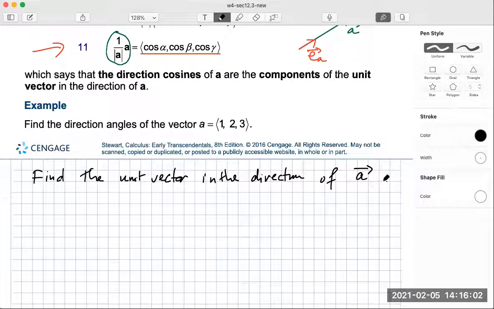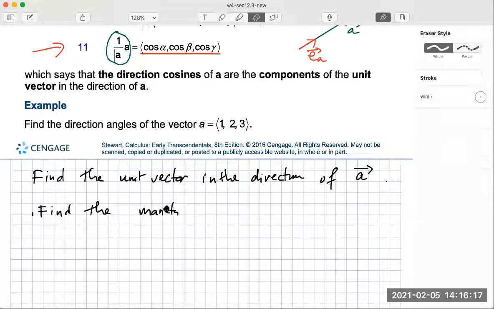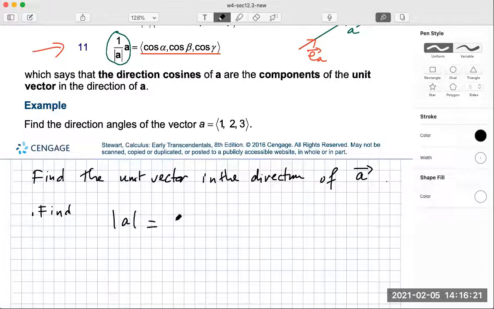In order to find the unit vector here, we need to find the magnitude of A. And what is it?